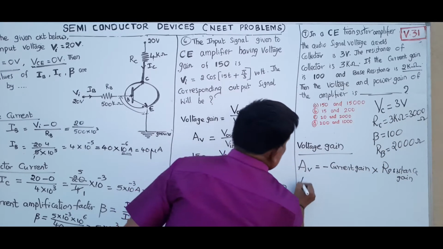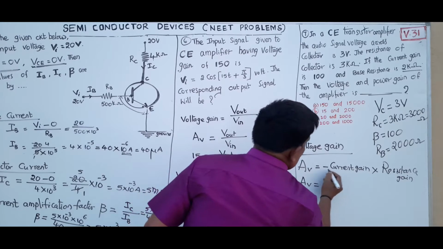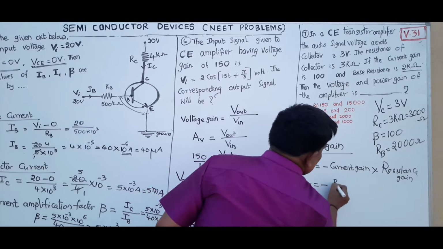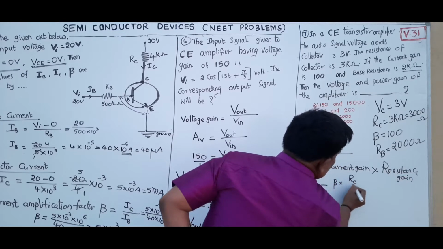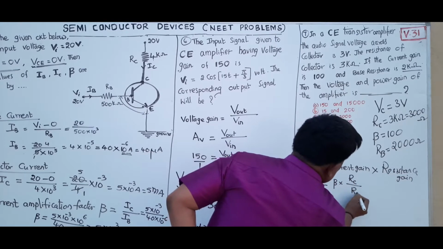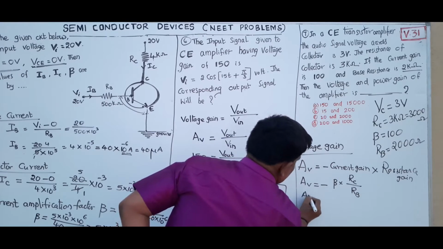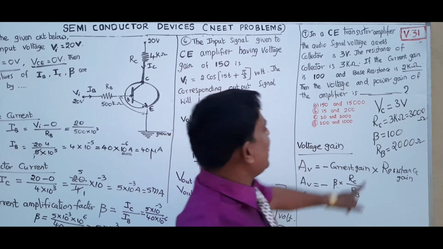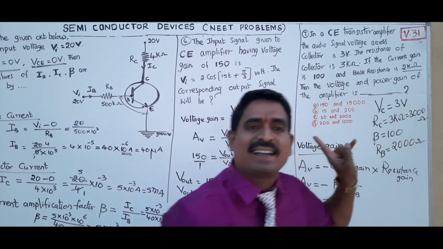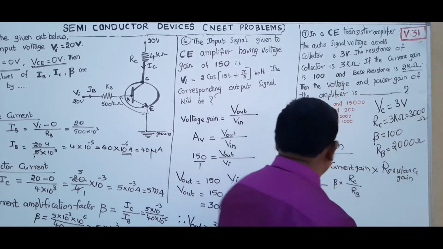Now, voltage gain is equal to minus current gain beta into resistance gain, which means output resistance by input resistance. AV is equal to minus current gain. Current gain is given as 100.